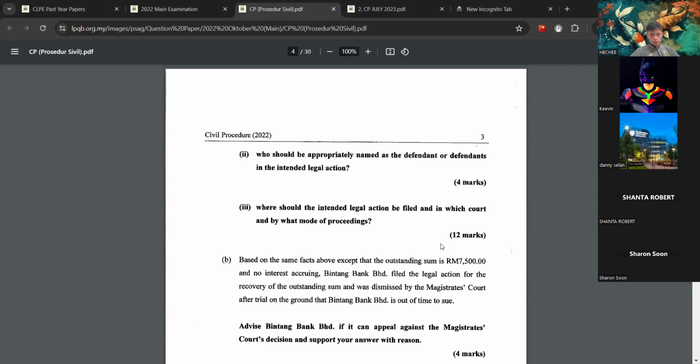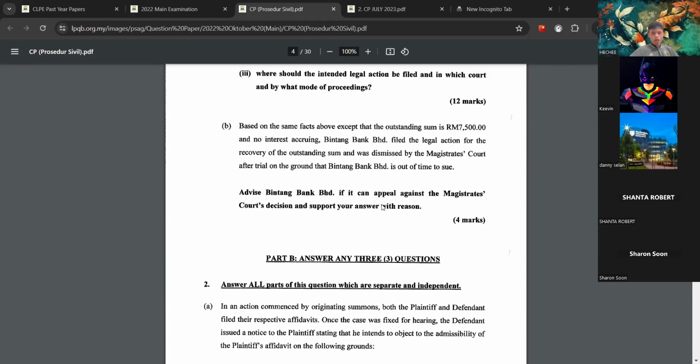If you are very familiar with the High Court locations, of course you can put Kuantan High Court, or you may correct me in the group chat on whether Kuantan has a High Court. If there's no question, then I will go to B.